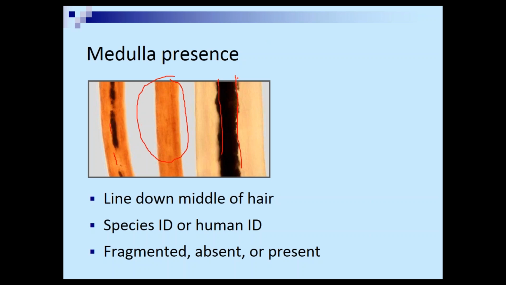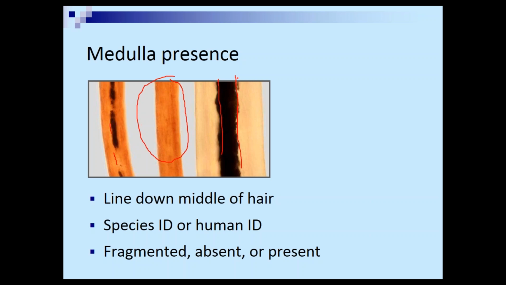Sometimes the dark color of the medulla is caused by air pockets. What can be confusing is that you may see light hair that has a dark medulla. So don't think a dark medulla means dark hair. That's not necessarily the case. But the medulla may be fragmented, absent, or present, as it says in the last bullet.